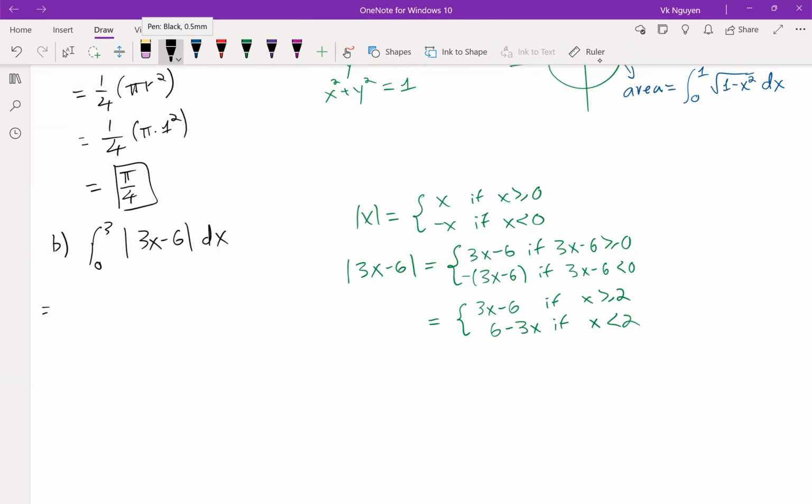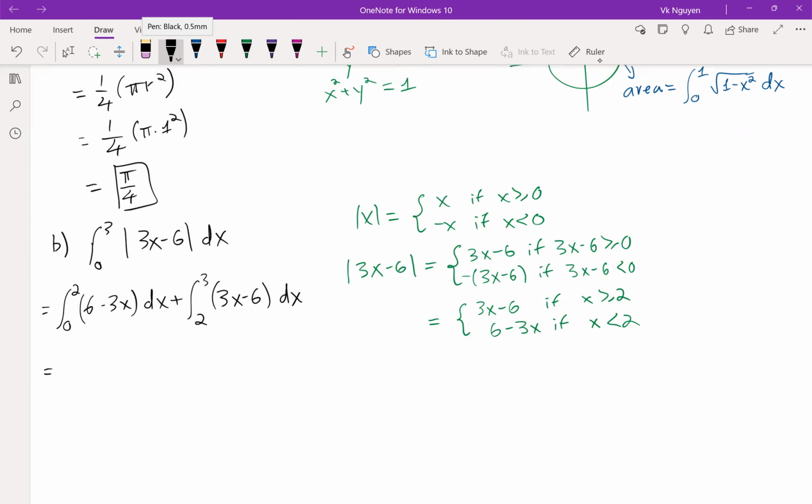This integral is split into two pieces. One is from 0 to 2 of 6 minus 3x dx. The other one is for x greater than or equal to 2, so it will be from 2 to 3 of 3x minus 6 dx.